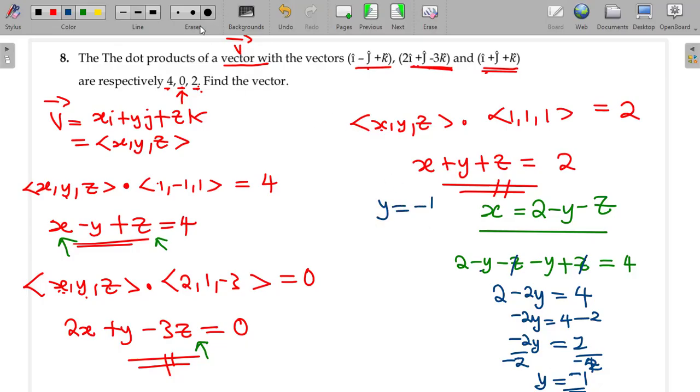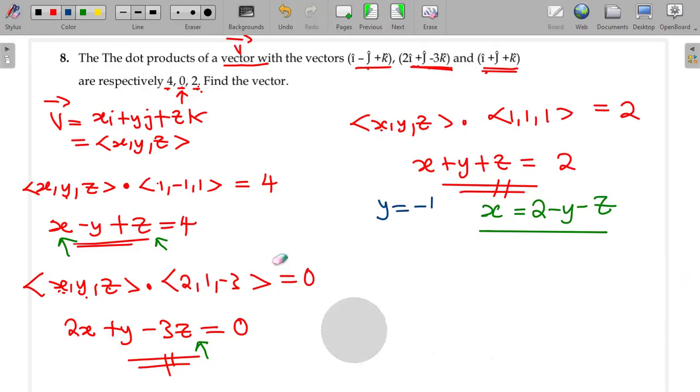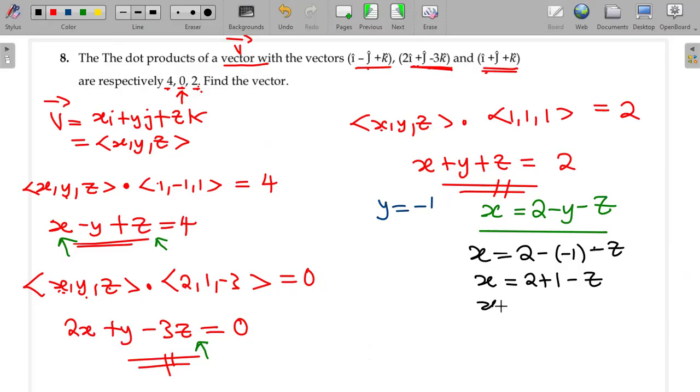So once we find the value of y, we can use it to find the value of x and z. So in here, I'm going to say x is equal to 2 minus, the y is minus 1, and then minus z. So that will be x is equal to 2 plus 1 minus z. So x is equal to 3 minus z.